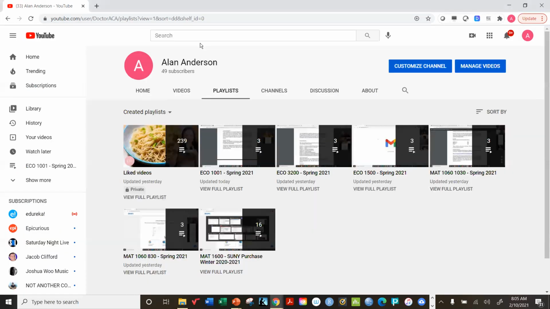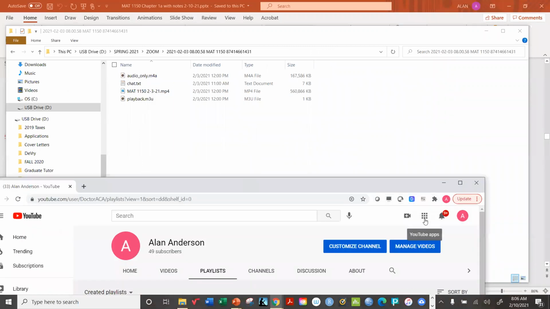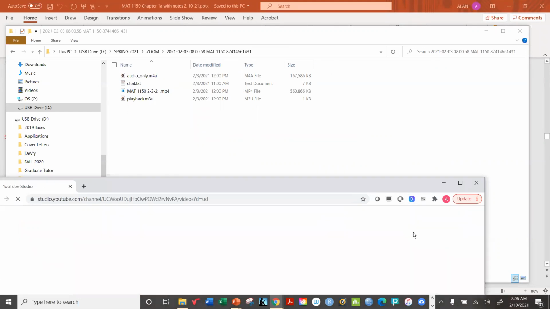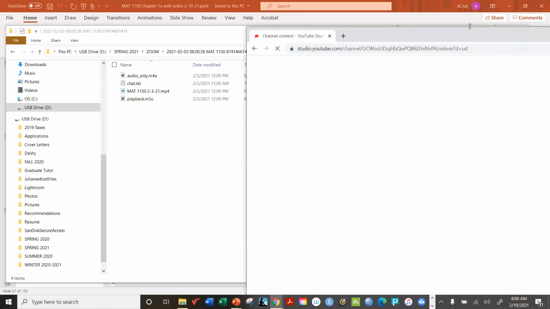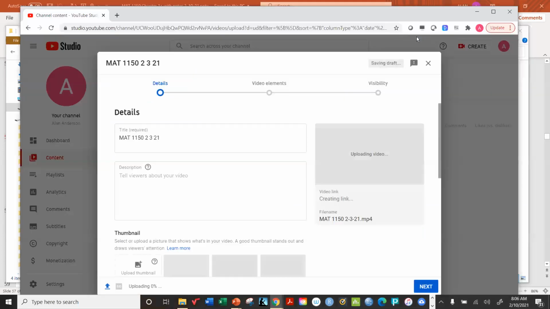I don't know what happened, so I'm going to put it there now. This takes a while. It has to be converted to MP4, and then it has to be stored, and then I have to manually place it in our account.